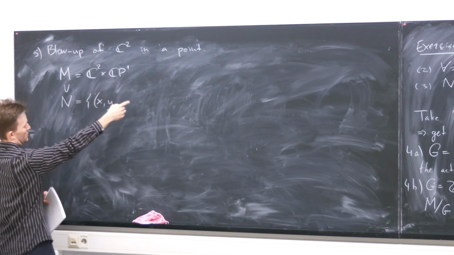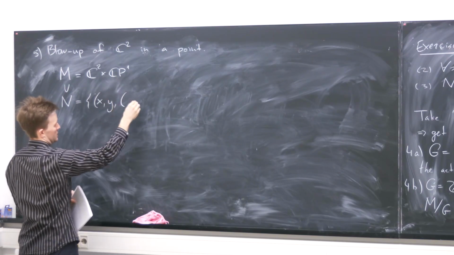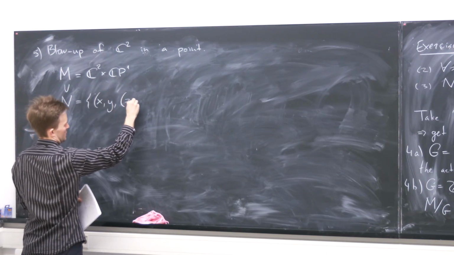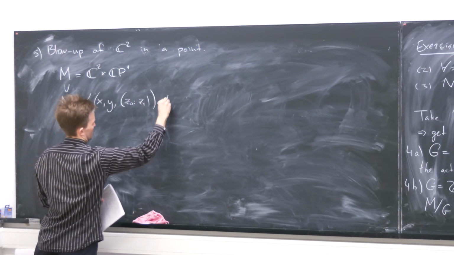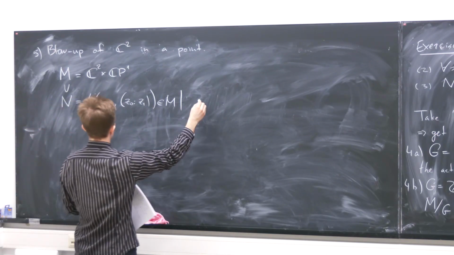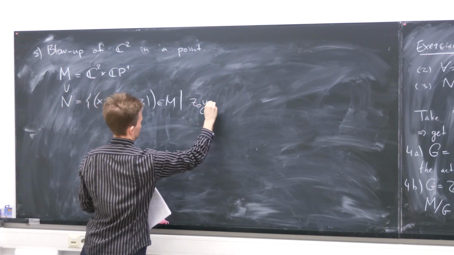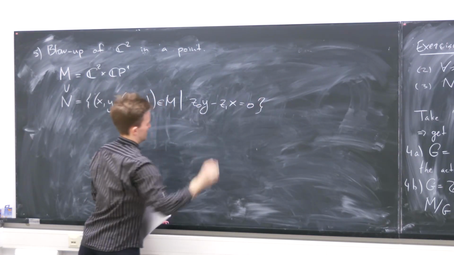I take points x, y in C^2 and a point in CP^1 with coordinates z0, z1, and I want them to satisfy the condition z0 y minus z1 x equals 0.